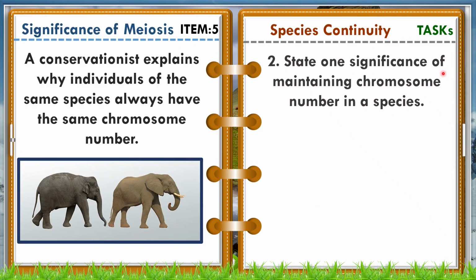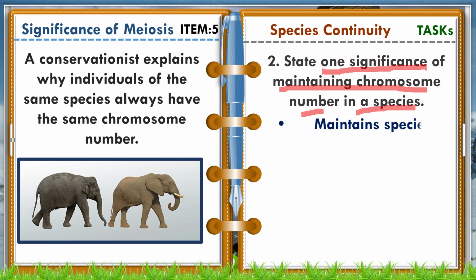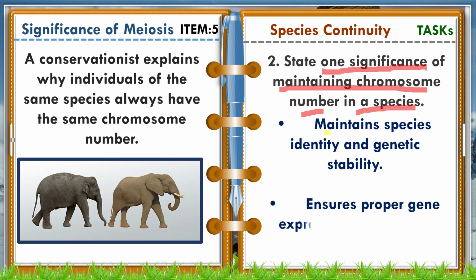State one significance of maintaining chromosome number in a species. They want us to state one significance, one importance of maintaining the chromosome number in a species. Now, this maintains the species identity and genetic stability.